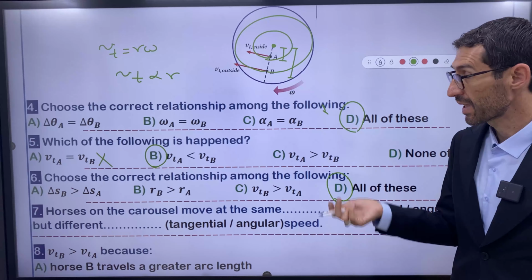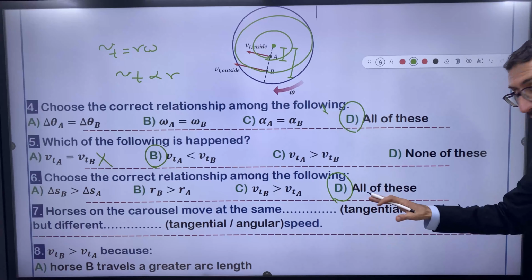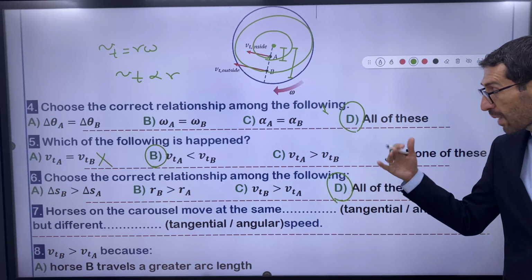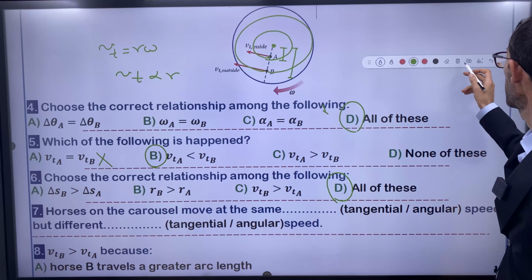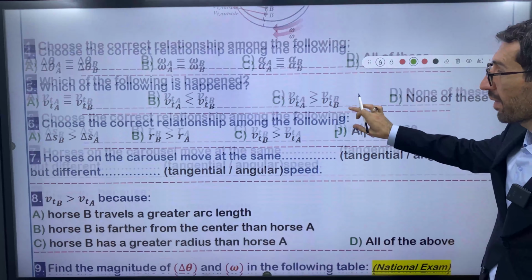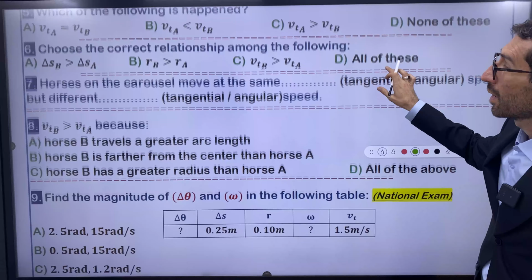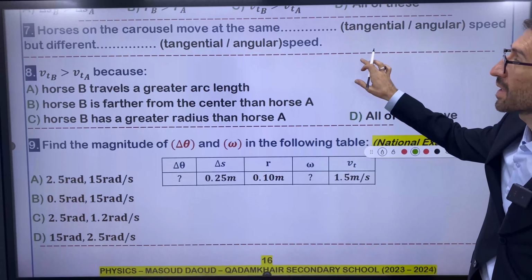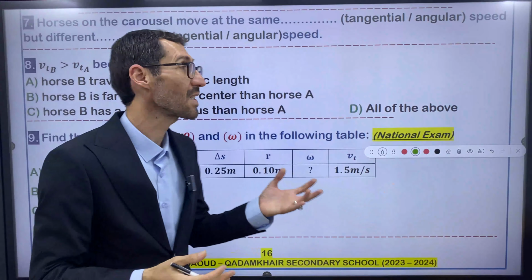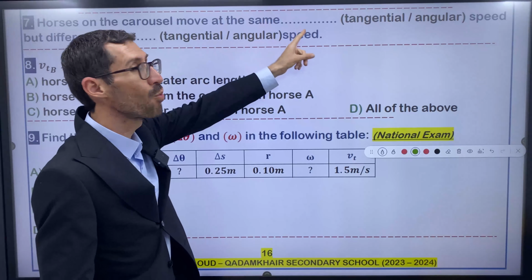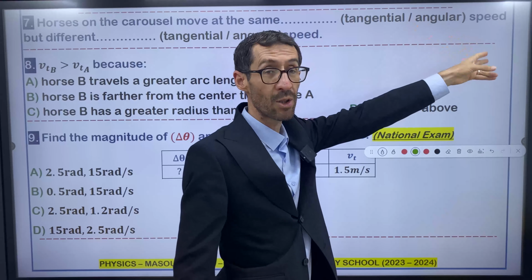What do you say about question number 7? It says horses on the carousel move at the same... we have a gap here. Move at the same what? Tangential or angular speed? It talks about all horses. We have two options, either tangential speed or angular speed, and then different, again tangential or angular speed.